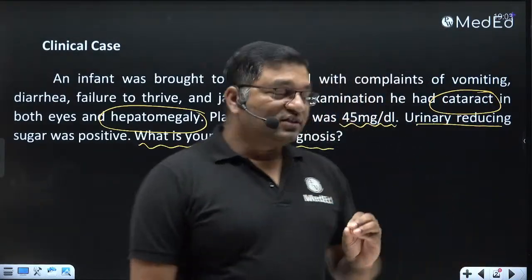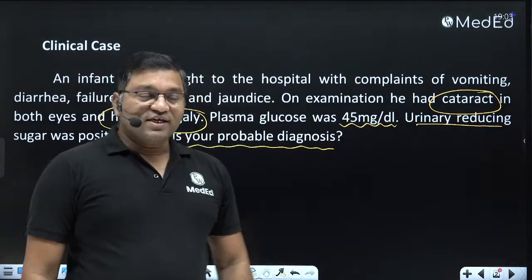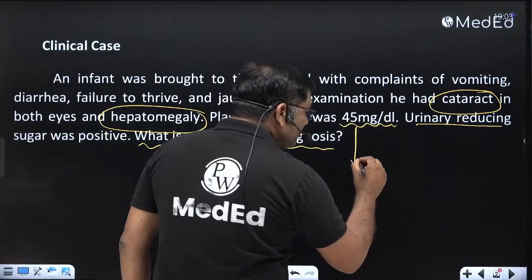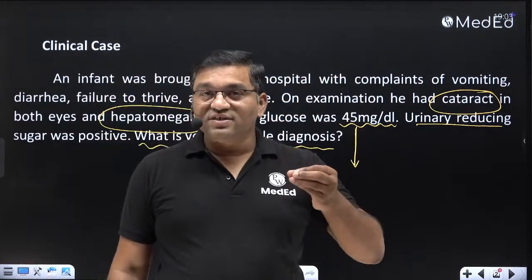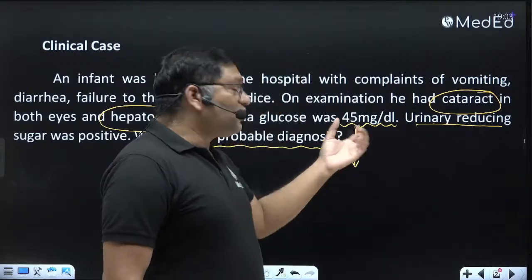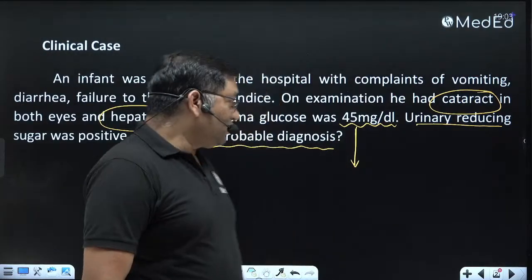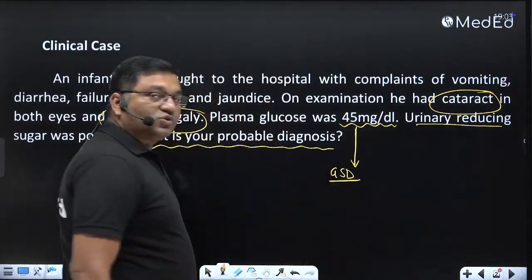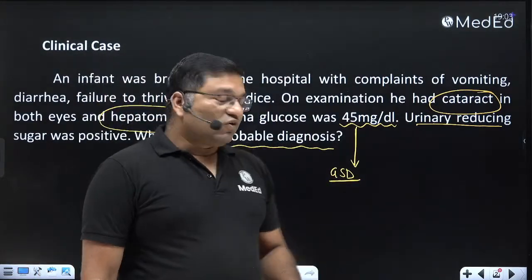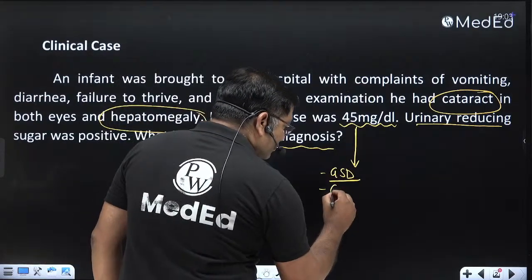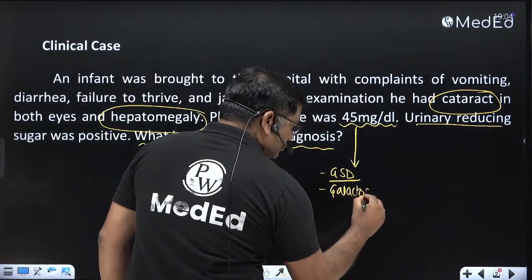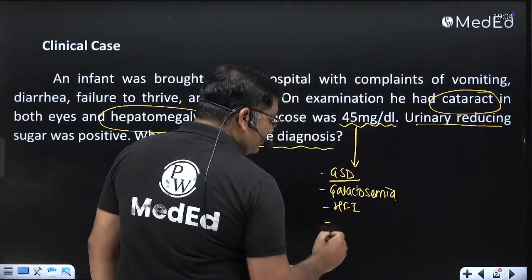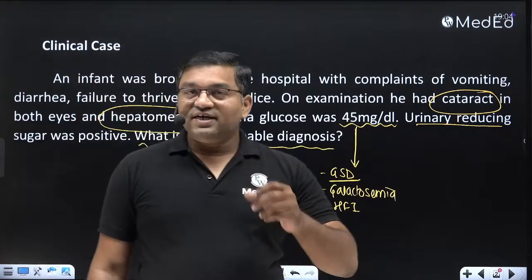Now hypoglycemia. What are the causes of hypoglycemia? If you think about hypoglycemia related with biochemistry as a first MBBS student, what are the different diseases that come to your mind when you are thinking about low blood glucose level? The most important is glycogen storage disorders. It is followed by galactosemia, then hereditary fructose intolerance, and also medium chain acyl coenzyme A dehydrogenase deficiency.